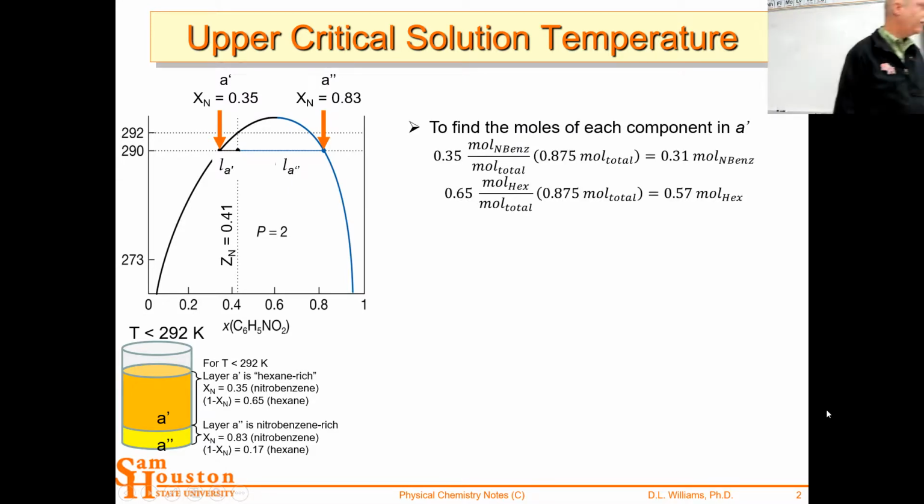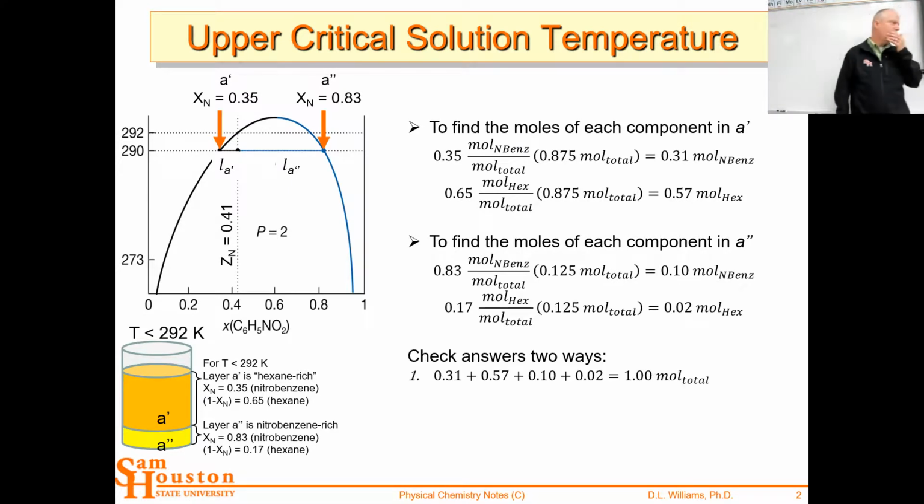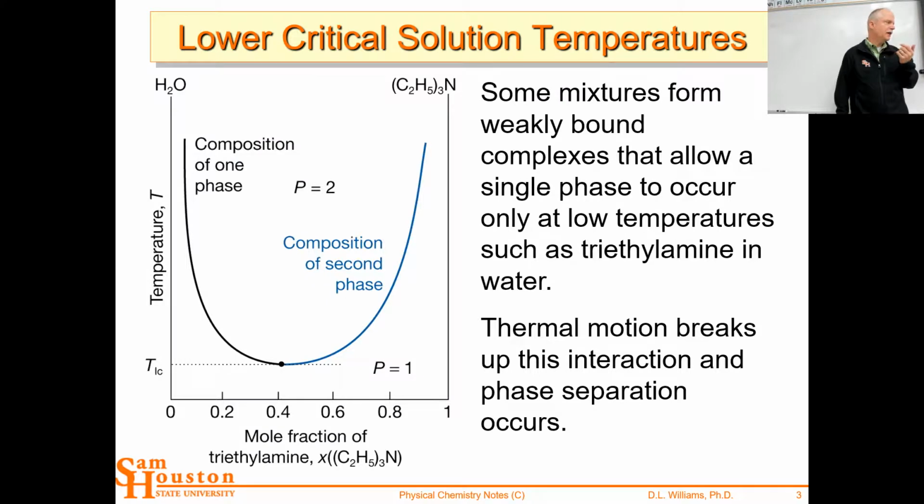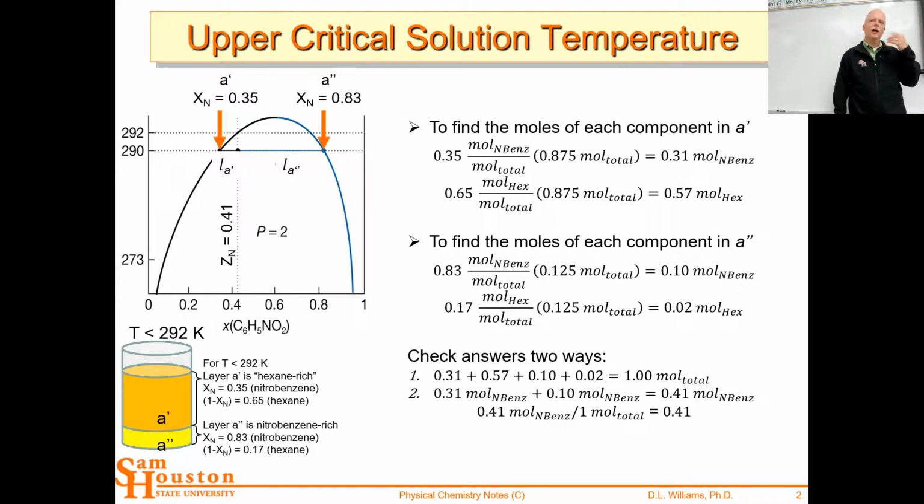All right, so here we have the partially miscible system that we discussed last time, which was with the upper critical solution temperature. So this kind of makes sense if you think about it. If you've got solvents that like themselves more than they like the other component in that mixture, at low temperatures they're going to phase separate because they're more stable in themselves than they are in the mixture.